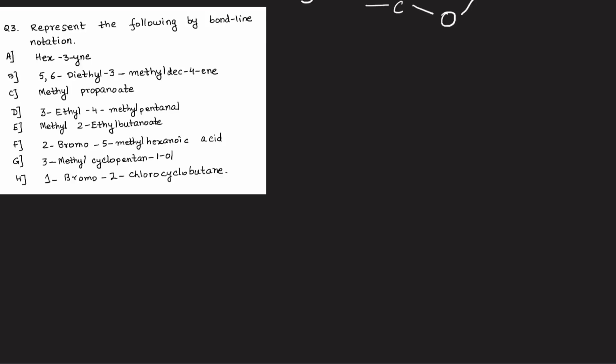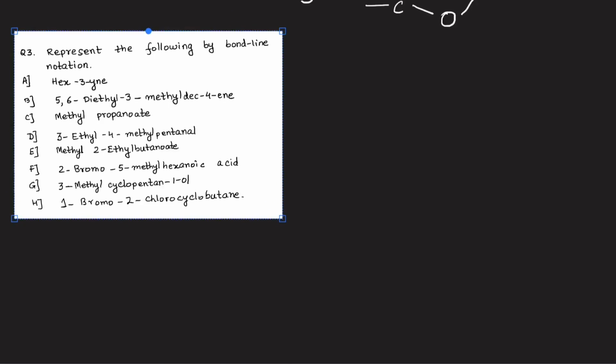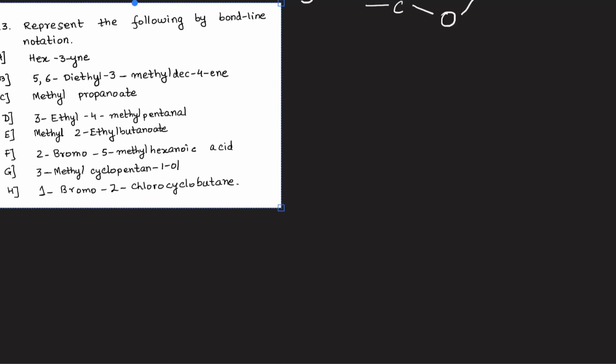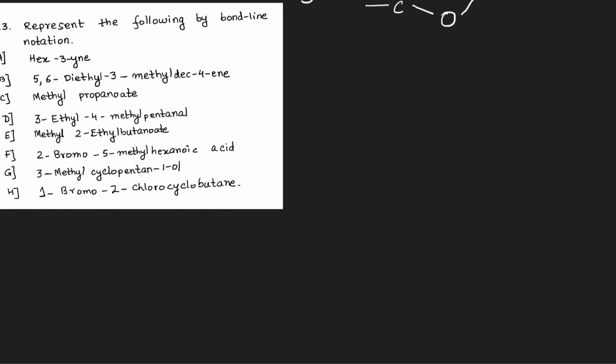Now I think you'd be able to nail bond line notation very easily. You've got 2-bromo, 5-methyl hexanoic acid. So hexanoic acid means my structure will have how many carbons? Go ahead. So 2, 3, 4, 5 and 6, right? Am I going to number it from the left hand side or the right hand side?